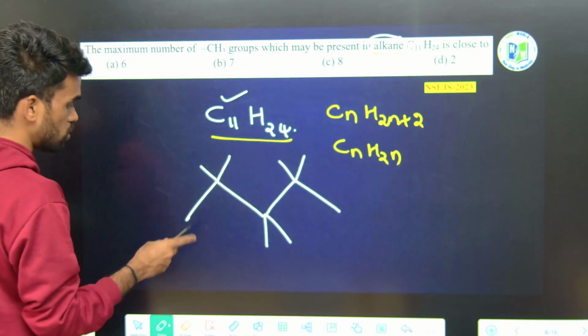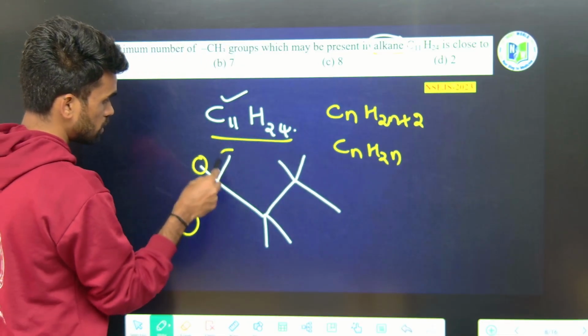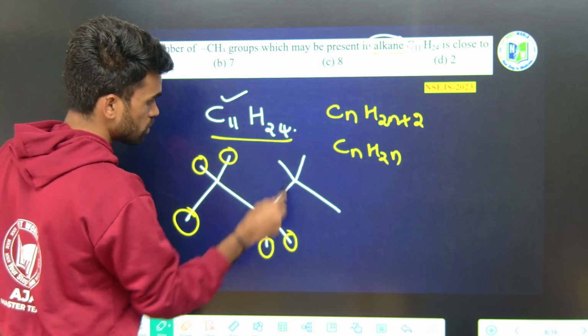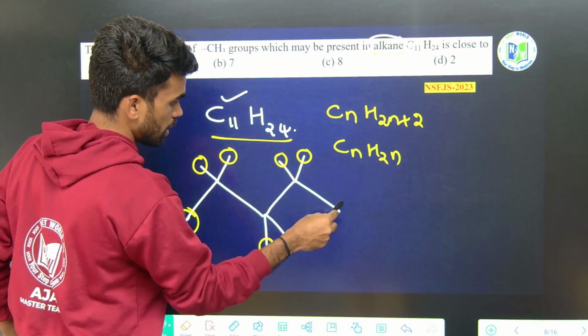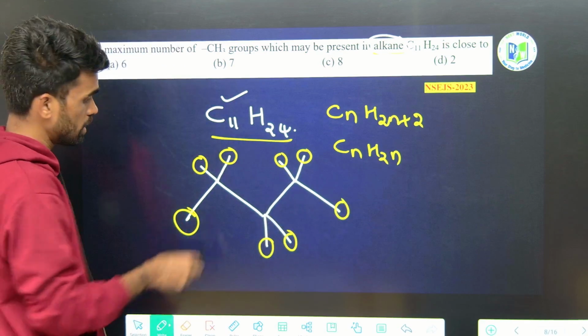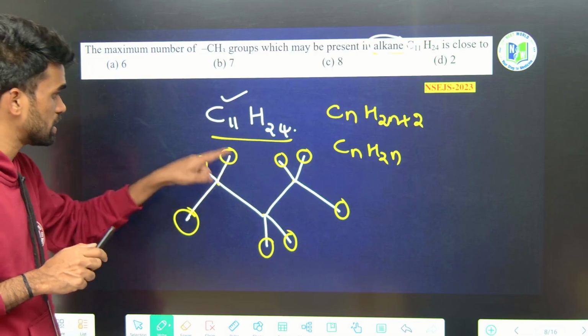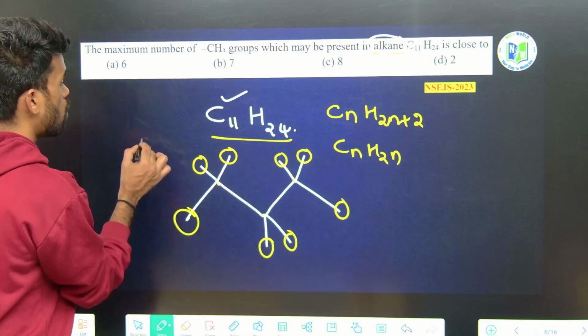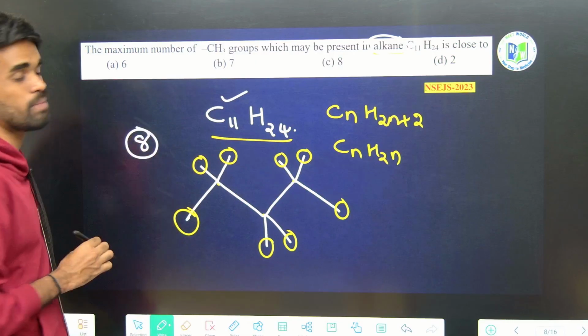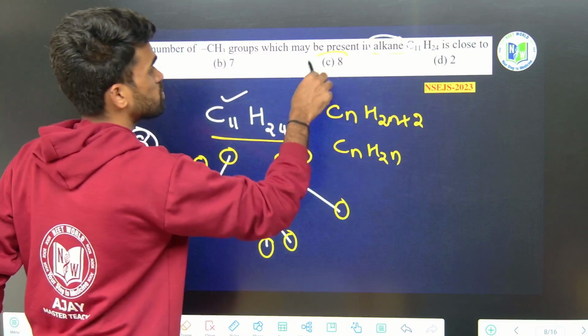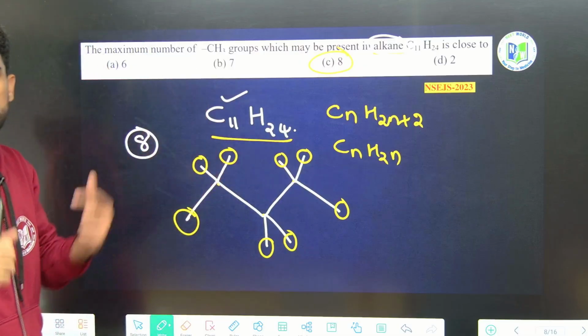All 11 carbons are included. So how many methyl groups did we get? A maximum number of 8 methyl groups in this particular molecule.